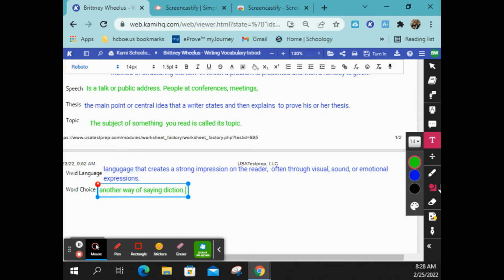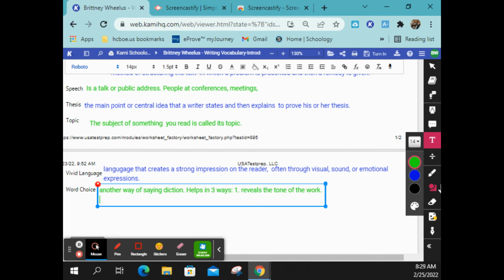Okay, it helps in 3 ways. 1, it reveals the tone of the work. 2, it reveals connotations of meaning.